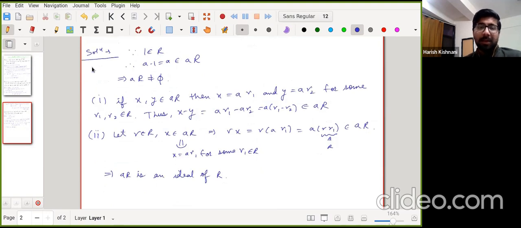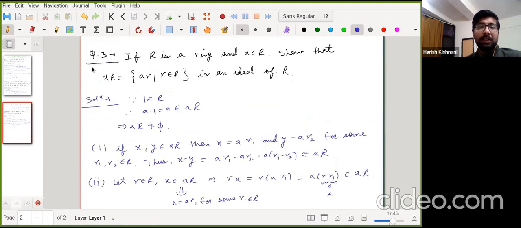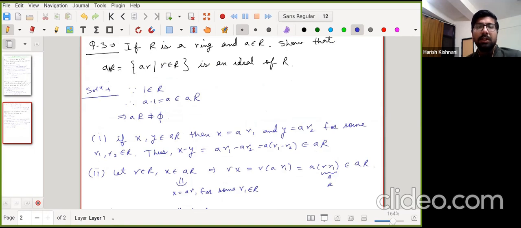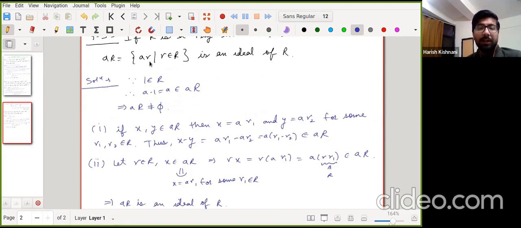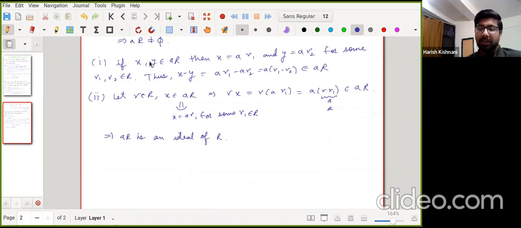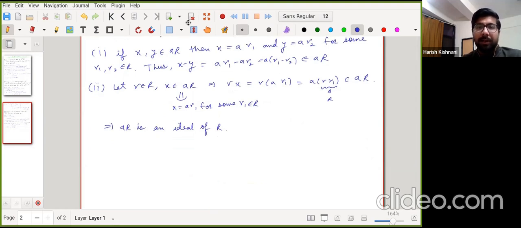So when you are in commutative setup, then this kind of thing you can do. This is always an ideal. But if you are not in commutative setup, then this is not going to be a two-sided ideal. And let's see an example so that you can appreciate why we have in the beginning assumed that the rings are commutative rings with unity.